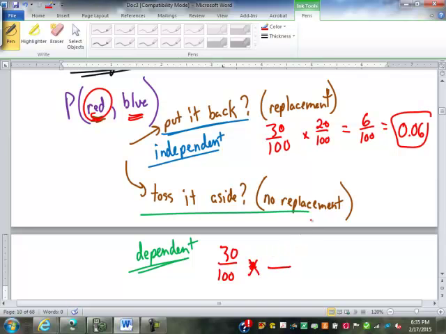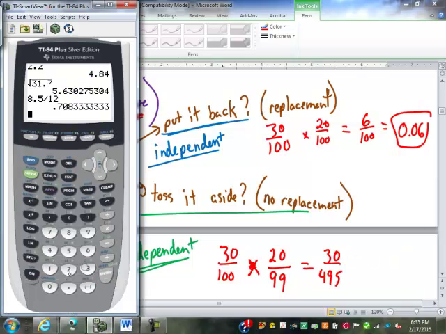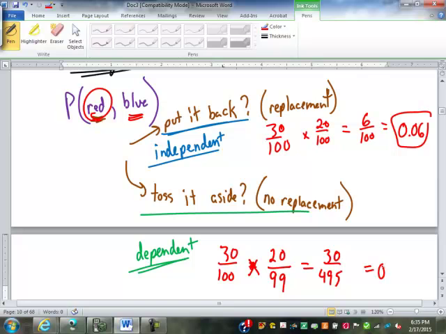How many blue marbles are there? Yeah, there's still 20 blue marbles, but now there's only 99 total marbles. So that is 30 out of 495, or what? 0.0606.